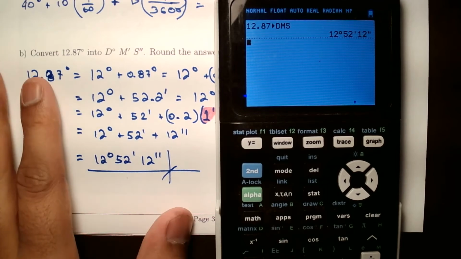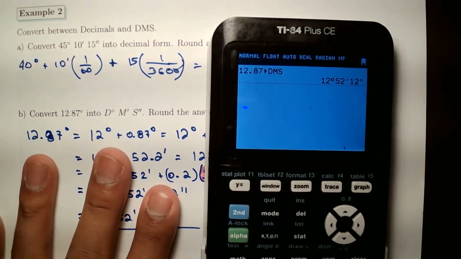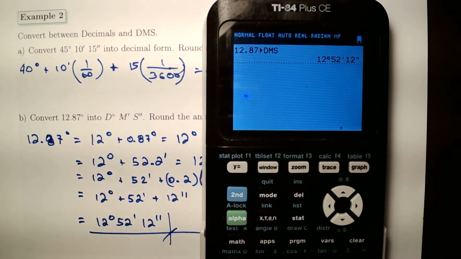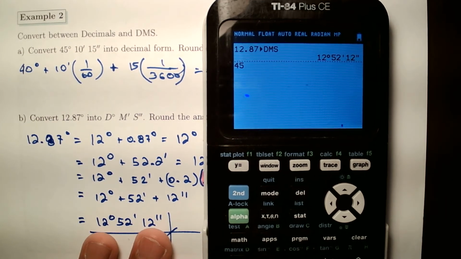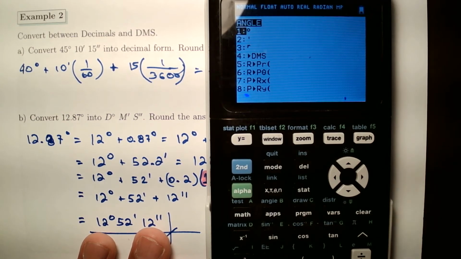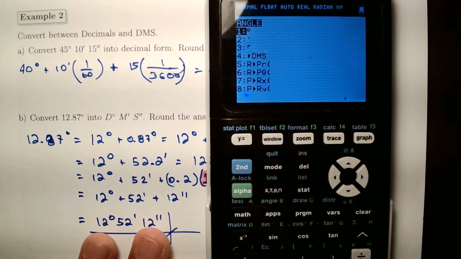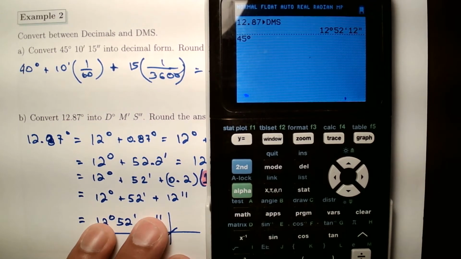Now the reverse is a little bit tedious because we need to press many buttons. First I need to type the degrees, which is 45. I go second and then apps again, angle, and the first option gives me the degree symbol. Click enter, and that's the degree.